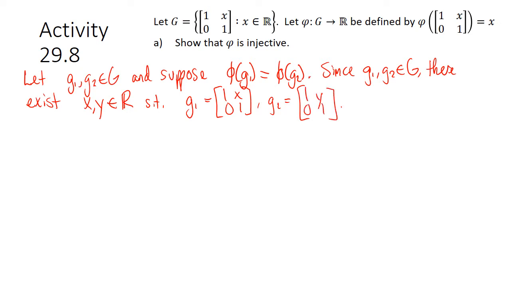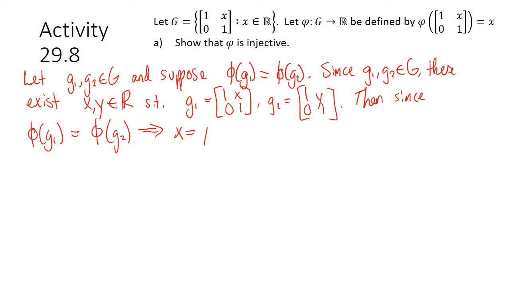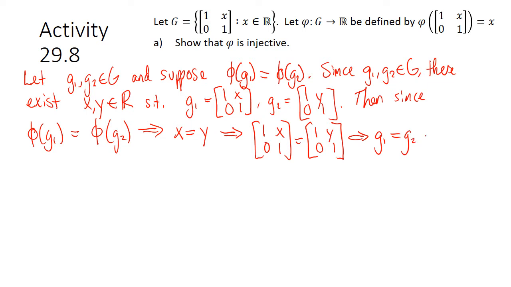Then since they have the same image under the map, so phi of G1 equals phi of G2, well, what is phi of G1 and phi of G2? Those are just x and y, aren't they? So that implies that x equals y. So then from there, we can actually say that the two matrices must have been the same, right? Because they had the same entries. And so that means that G1 and G2 were the same. Okay, and that's it.